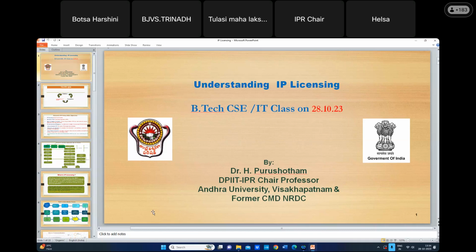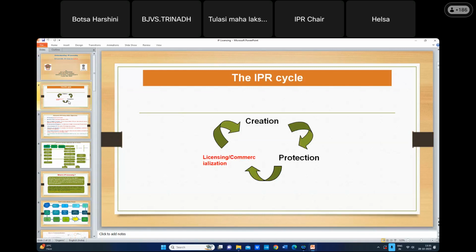So once you have created intellectual property, how do you create? By doing research. Then what is the next step? It is protection. First, creation of intellectual property. You can create by doing research, by identifying the need, by identifying the novelty, inventive step, and industrial use.